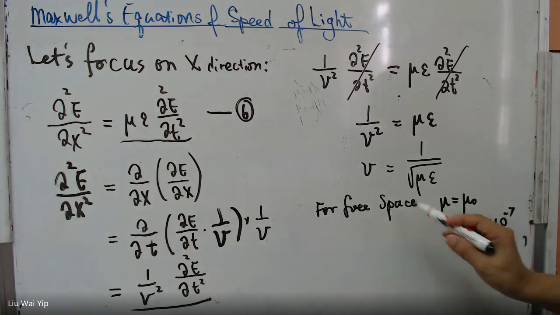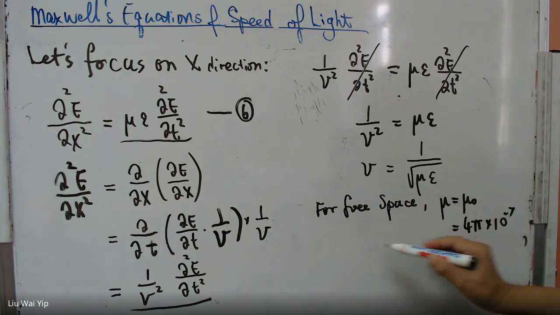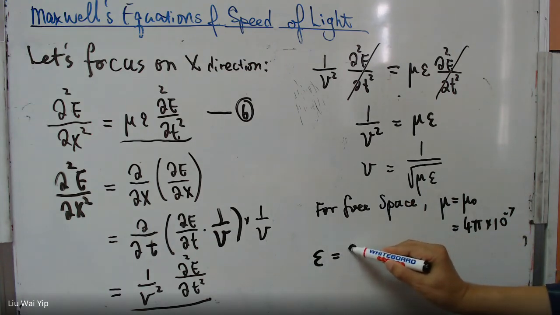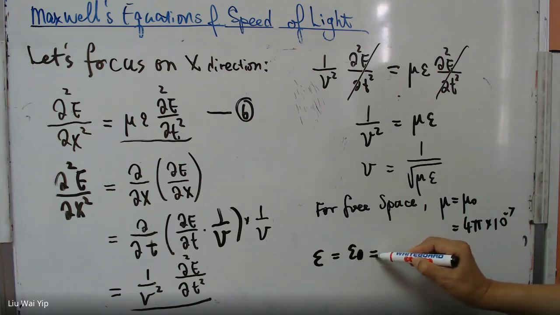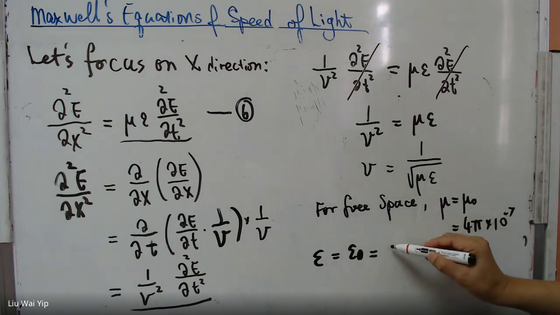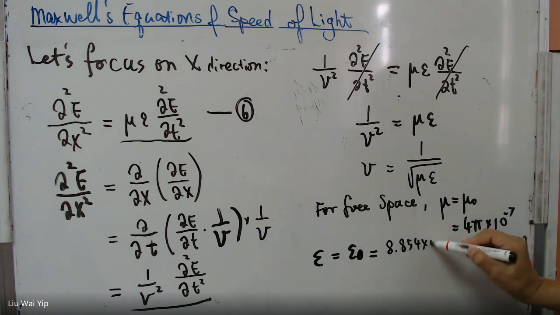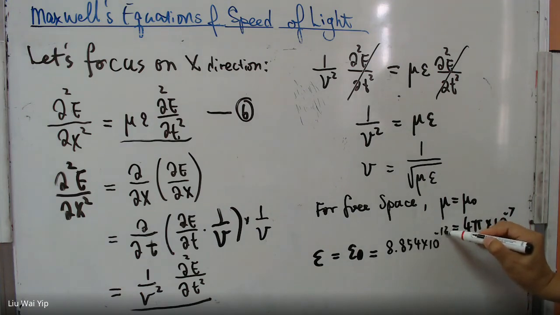And epsilon is equal to epsilon naught, which is equal to 8.845 times 10 to the minus 12.